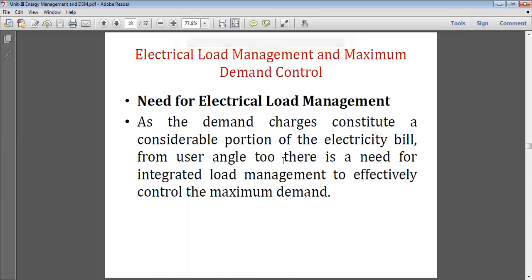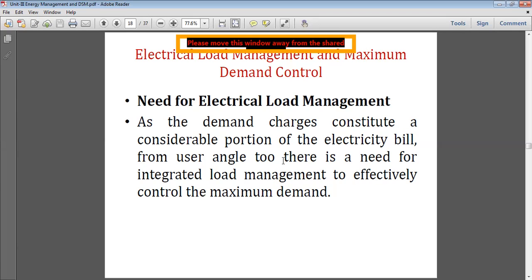One more very big advantage is that because of proper reactive power, we are not drawing the reactive power from the source. The voltage profile is also very good, or we can say that the voltage of the system will remain as long as constant.